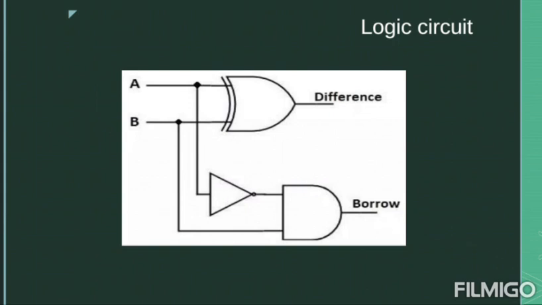Here NAND gates can be built by using AND and NOT gates. So we require three logic gates for making the half subtractor circuit, namely XOR gate, NOT gate and NAND gate. The combination of AND and NOT gates produces a combined gate called the NAND gate. The XOR gate output will be the difference bit and the NAND gate output will be the borrow bit for the same inputs A and B.